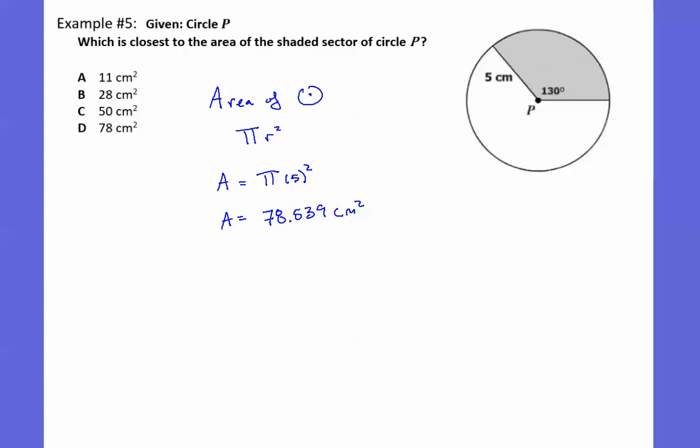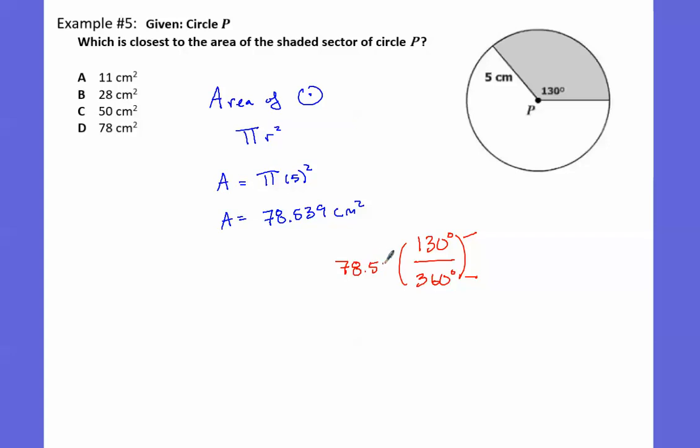We would take then our total area and multiply it by the portion that we want divided by 360. We'll take 130 degrees divided by 360 degrees. The partial degrees over the total degrees would then give us the partial area that we actually require.